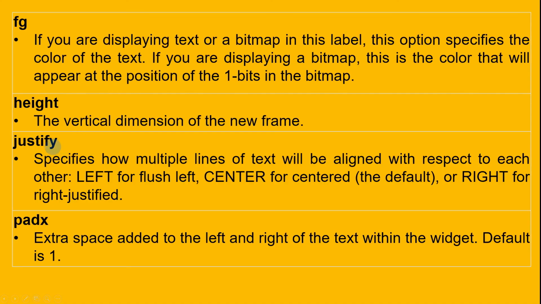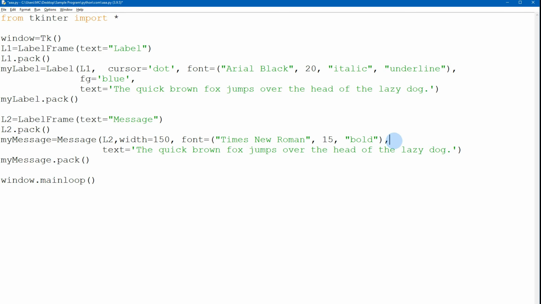Next we have the justify. Justify, guys, is to set the text alignment. We have the values left, center, and right. Commonly, justify is used for the message because we cannot view this on a label, because a label is used to display a single line text. So let's try justify for the message widget.